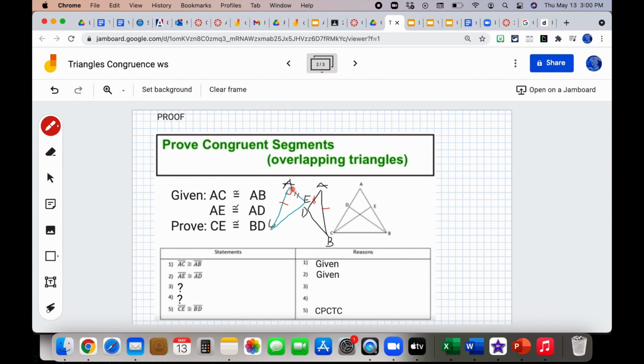So I'm going to use an arc on the angle. For number 3, we will list that angle A is congruent to itself, and we don't want to write just angle A because we will not know which A, so we are going to use three letters when it is a shared angle. CAE is congruent to BAD.